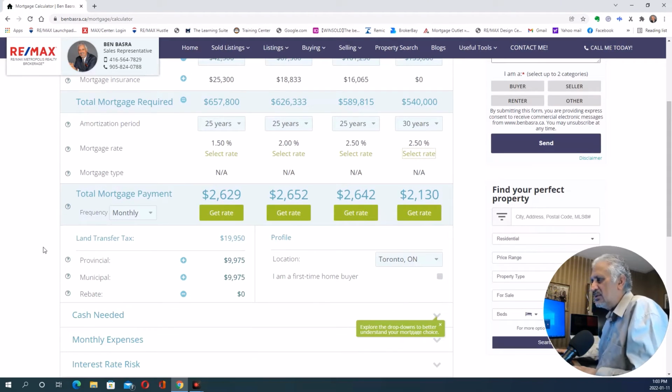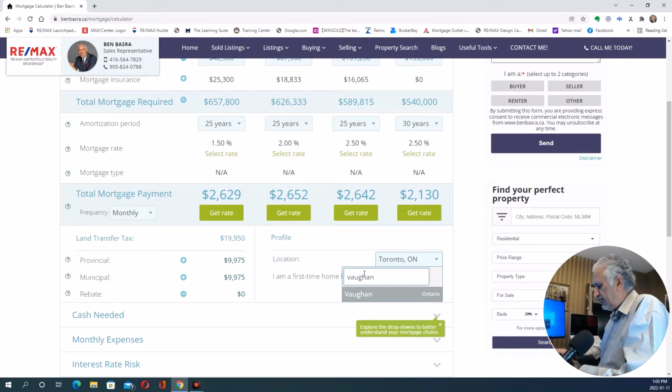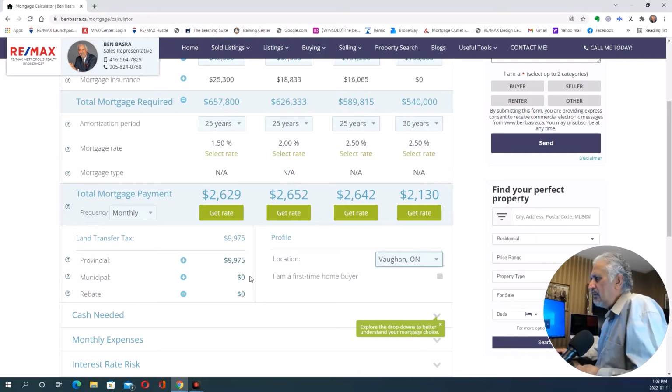Okay, then the next thing is what's the land transfer tax on it. As we discussed earlier, if you are in Toronto, you are paying two different taxes, like twice the same tax. But if you are not in Toronto, you are in Brampton, Mississauga, or in a suburb like Vaughan or whatever, then you will be paying only one of these taxes. So now we're going to do the same thing. We are not in Toronto. Let's say we are in Vaughan, and your one tax is gone, so you will be paying only $9,000.